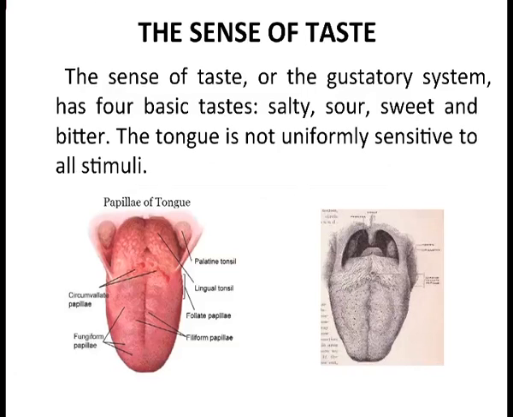Let's come to the other sense, which is the sense of taste. The sense of taste, or the gustatory system, has 4 basic tastes: salty, sour, sweet and bitter. The tongue is not uniformly sensitive to all stimuli.